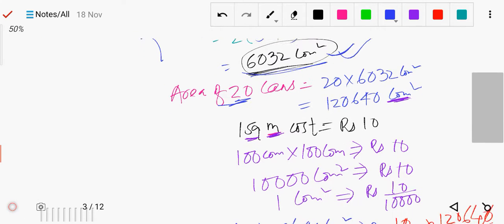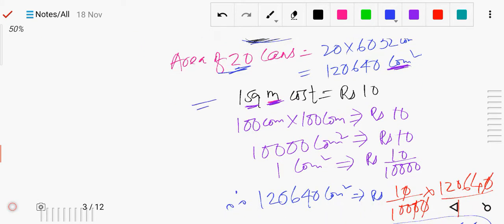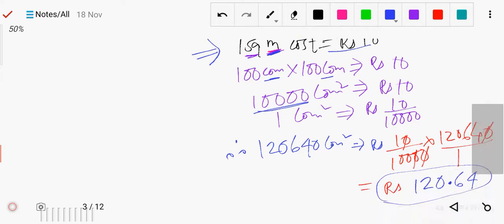So now we get the area of 20 cans. Now the cost given is 10 rupees for 1 square meter, and it is in meter, so we change it to centimeter, so it will be 100 into 100, 10,000. Now we follow the unitary method and we have solved it.